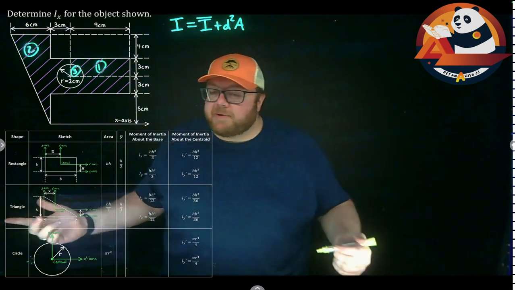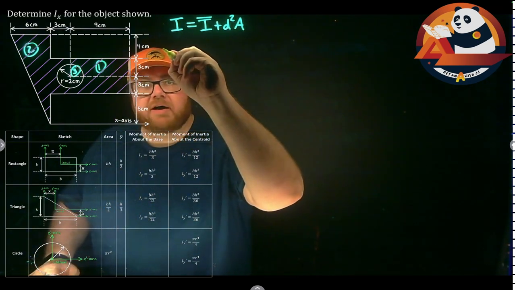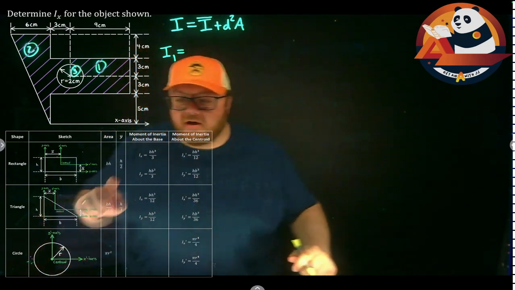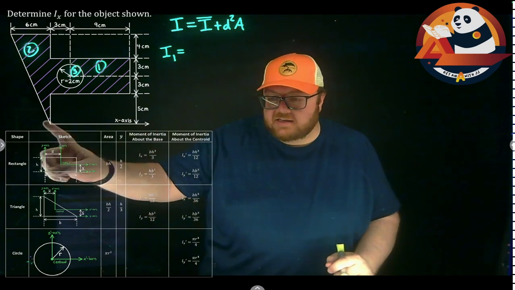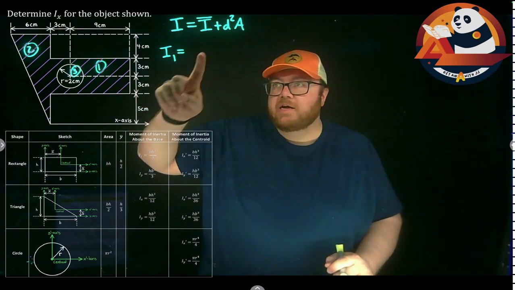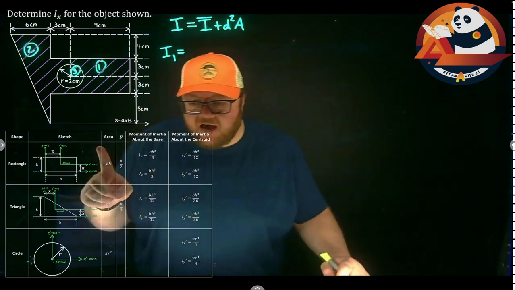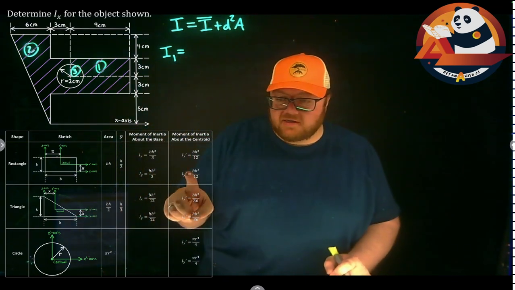So let's just go through piece by piece in here. My I1 should get me to, so I'm saying my moment of inertia about the x-axis for just shape 1 in here is the moment of inertia about the centroid of shape 1. Well, let's give me that Ix prime column in here.